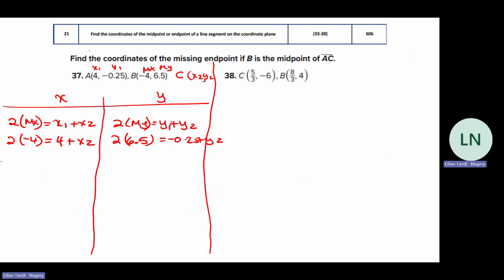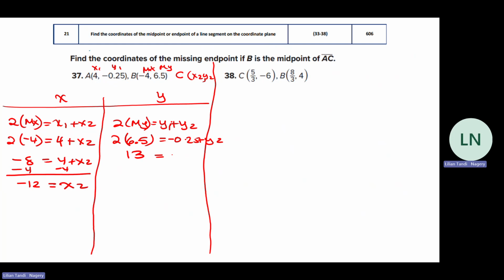This will give you negative 8 equals 4 plus x2, minus 4 minus 4. That will give you negative 12. This is your x2. This should give you 13.